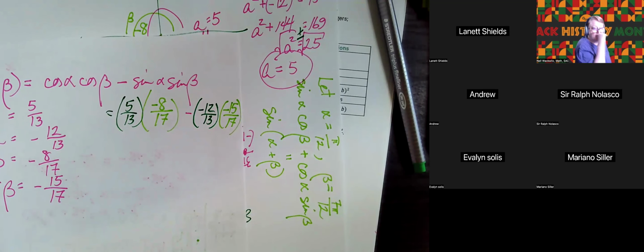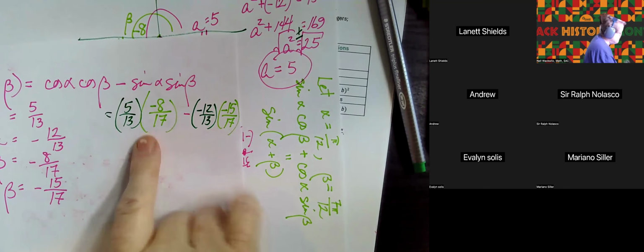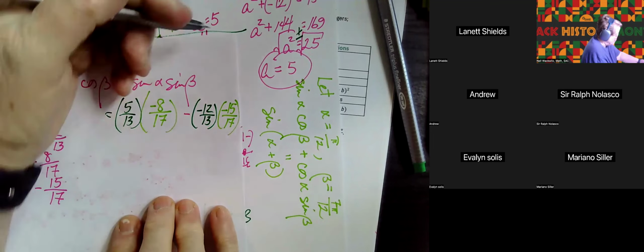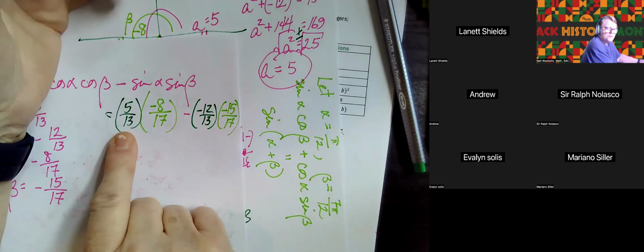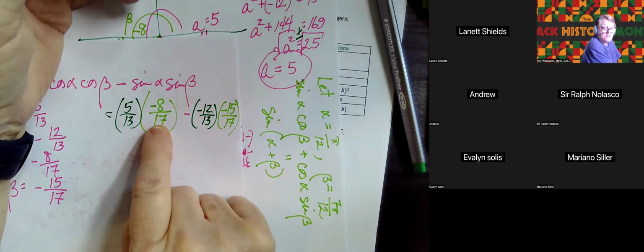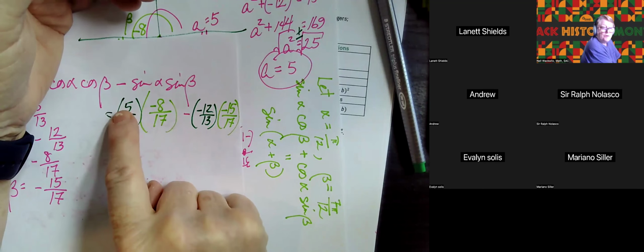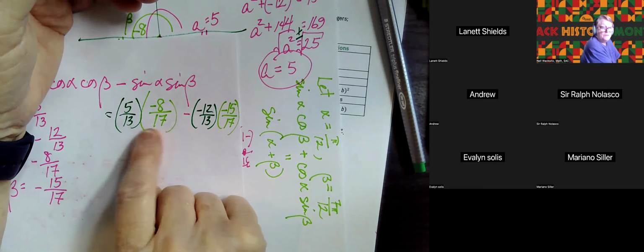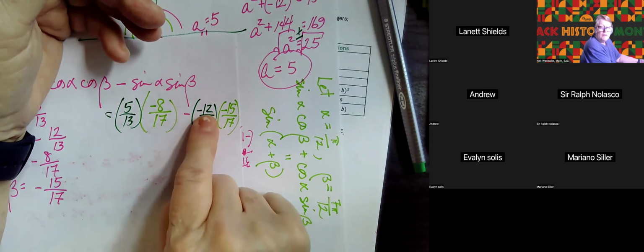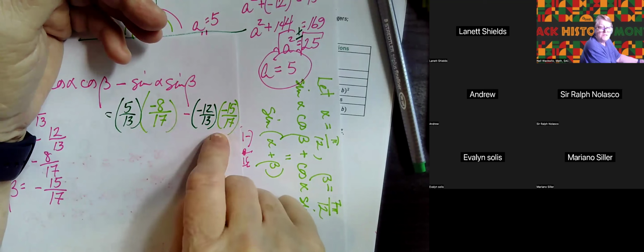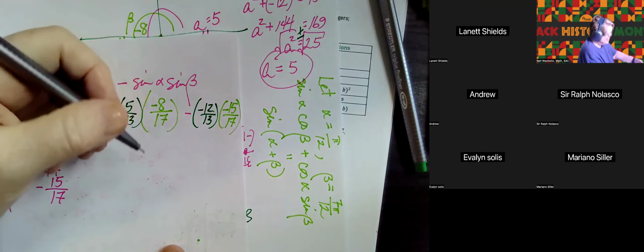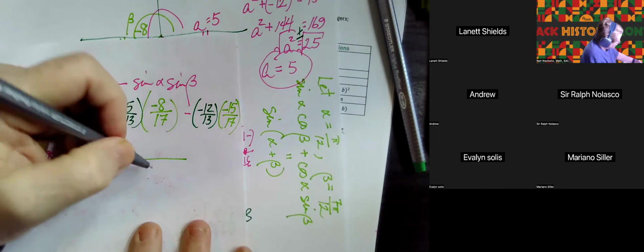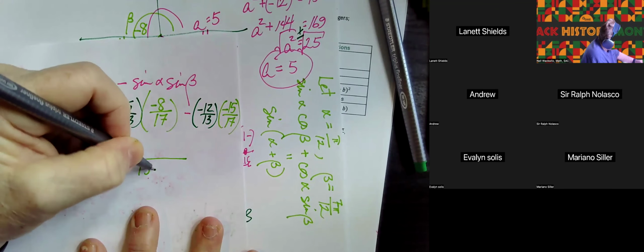And I noticed something looking at these numbers before multiplying them out. 13 times 17, 13 is a prime number, 17 is a prime number, and neither 8 nor 5 reduces them. Neither 12 nor 15 reduces them. So I'm going to leave 13 times 17 as the product of two numbers.